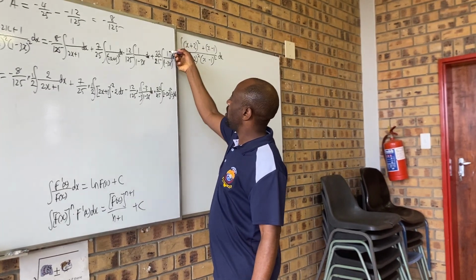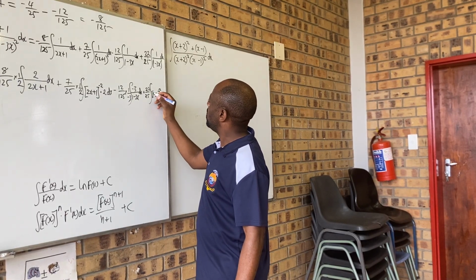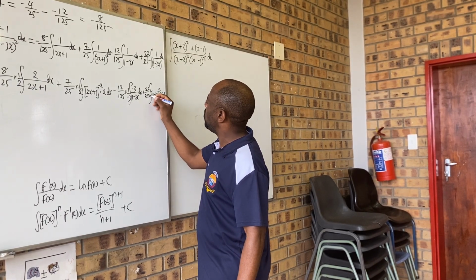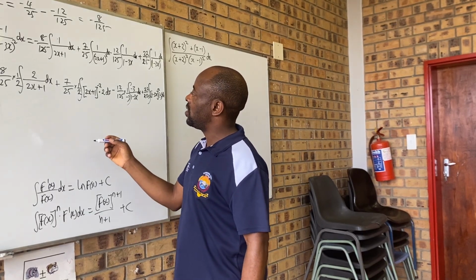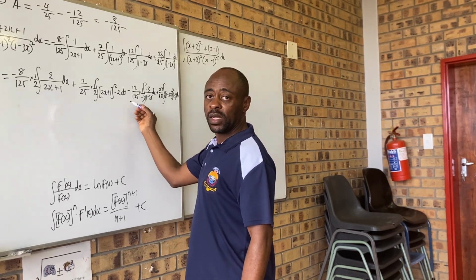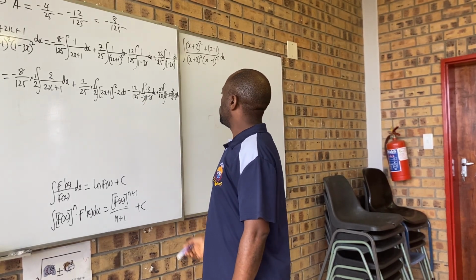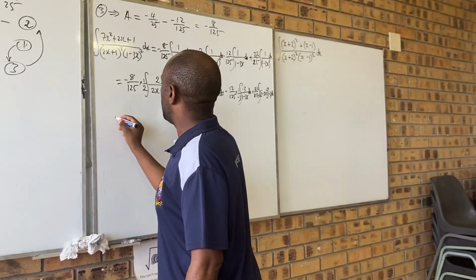But this negative 3 is not there. So I need a number that can cancel the negative 3, so I multiply by 1 over negative 3. It's the same thing as what I did here. So that is how you handle these problems. Then you can now write down your final answer.